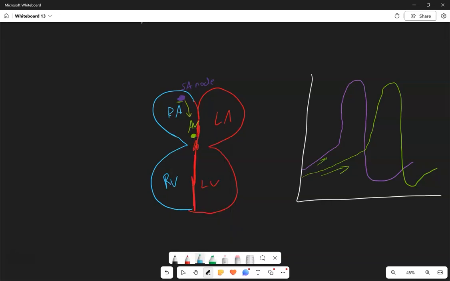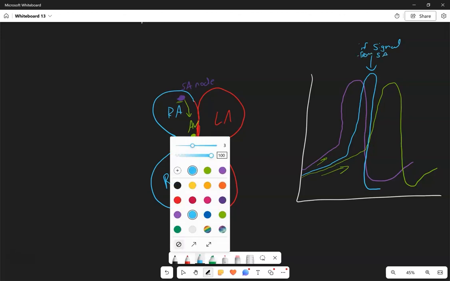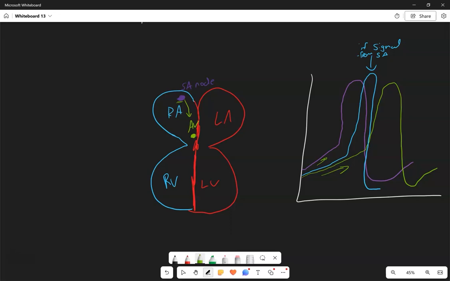Now, when that signal is sent down to that AV node, it will kind of go like this, and then boom, it gets that signal and reaches threshold like this. Okay, so this is if there is a signal from the SA node. In green, what we have is no signal from the SA node.